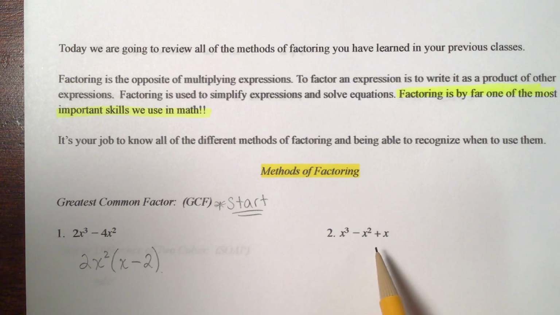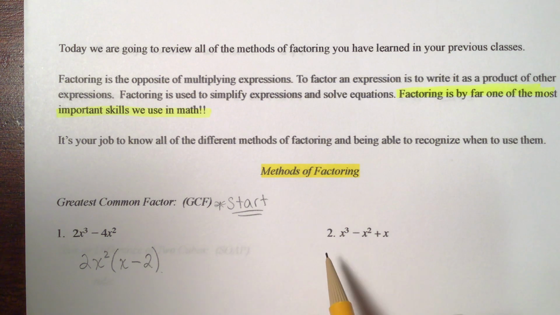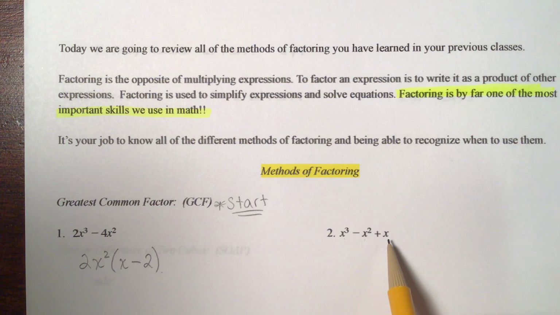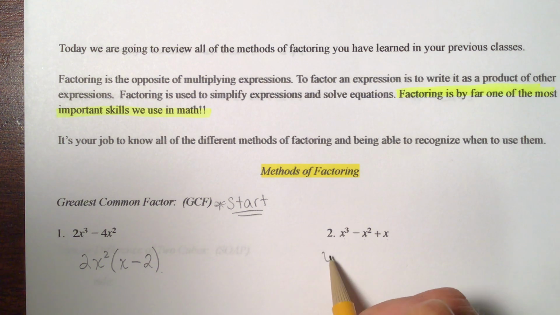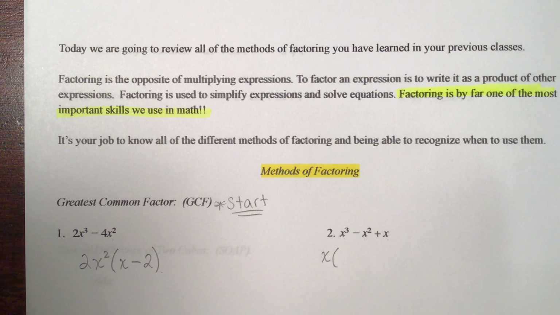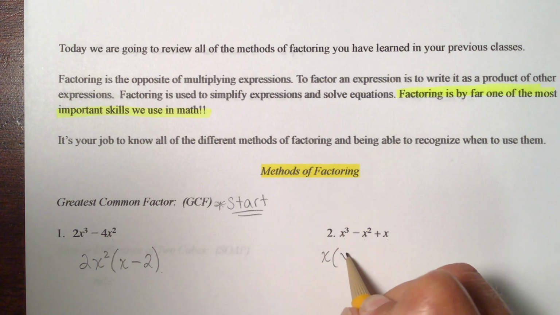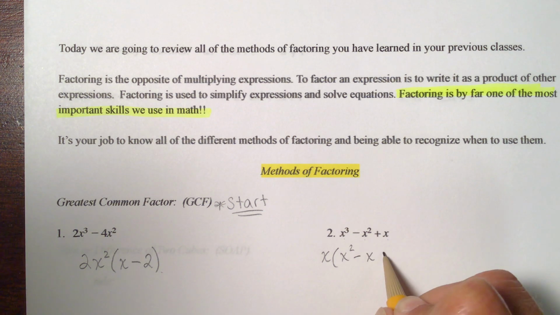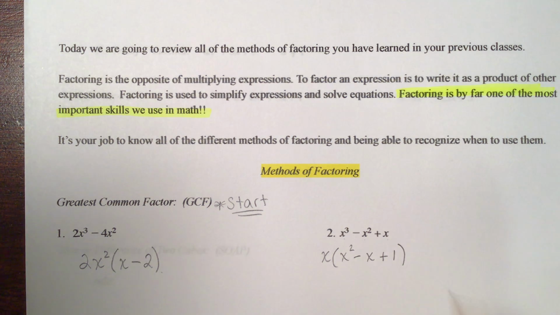Next, x cubed minus x squared plus x. Again, always start by taking out the GCF. So I look, I have x cubed, I have an x squared, and I have an x. My GCF here is an x. Open up your set of parentheses. I'm going to be left with x squared minus x plus 1. Now, this set of parentheses is a trinomial.